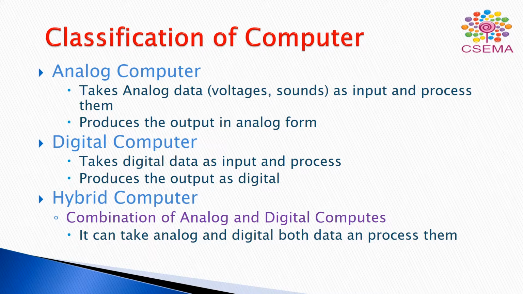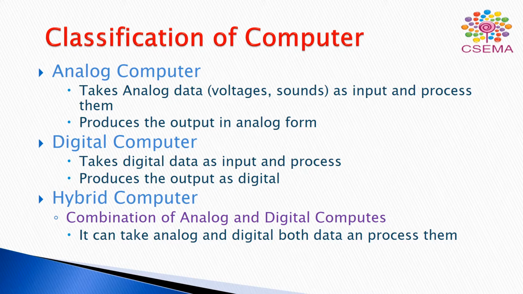An analog computer is a computer that processes analog data. It takes analog data as input and processes it, and it always produces the output as analog. It is easy to use and it produces the result in real time.